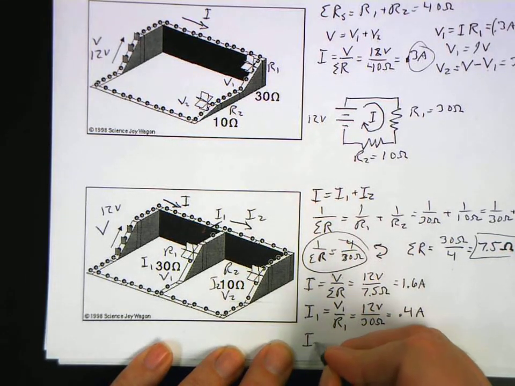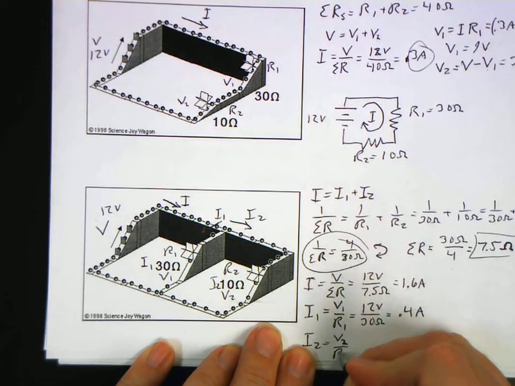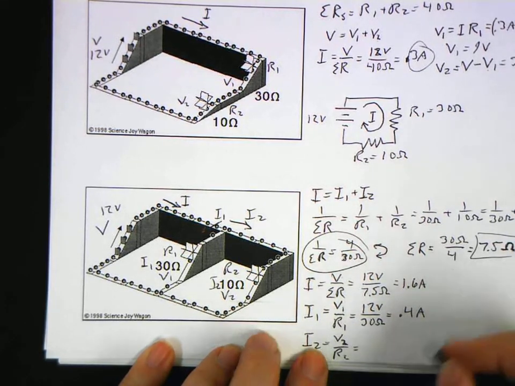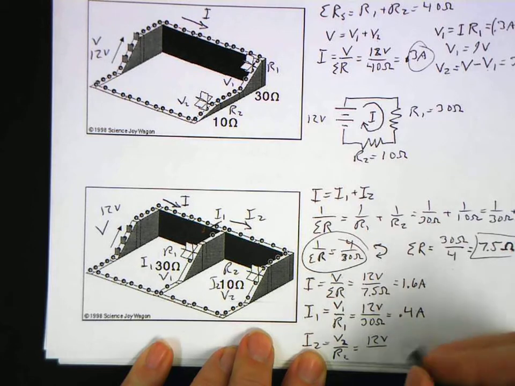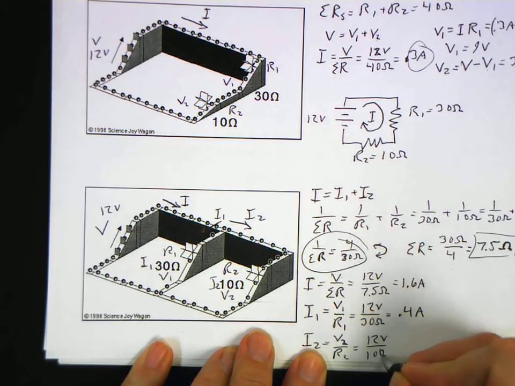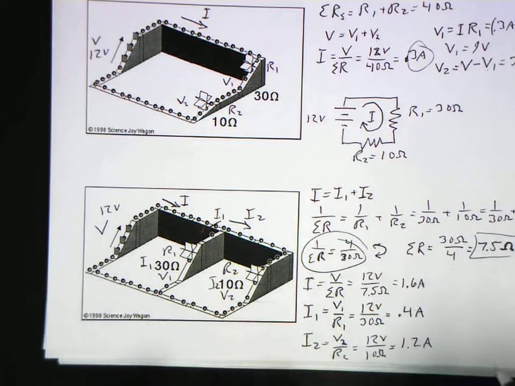And so current 2 is voltage 2 divided by resistance 2, and voltage 2 is the same as the voltage of the battery, so 12 volts, divided by R2, which is 10 ohms, and so that's 1.2 amps, and look, this one and this one adds up to be that one. We've verified Kirchhoff's junction rule.